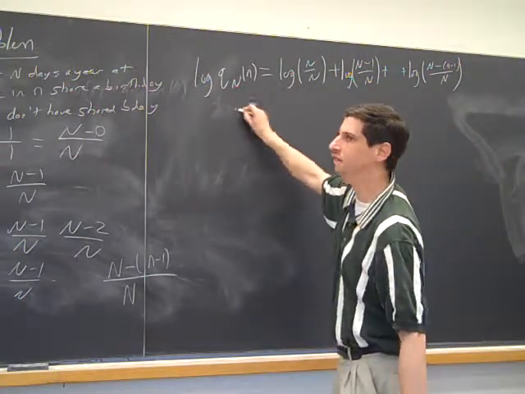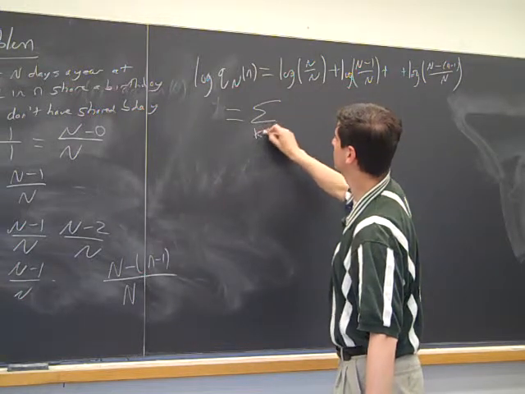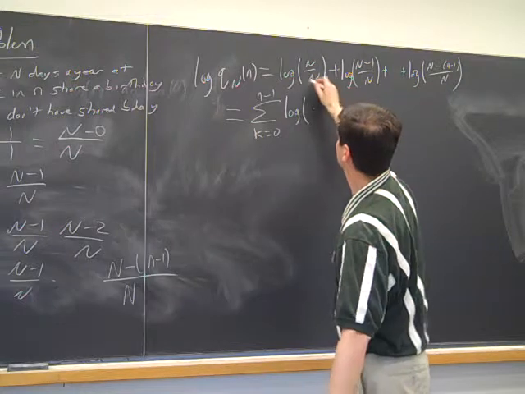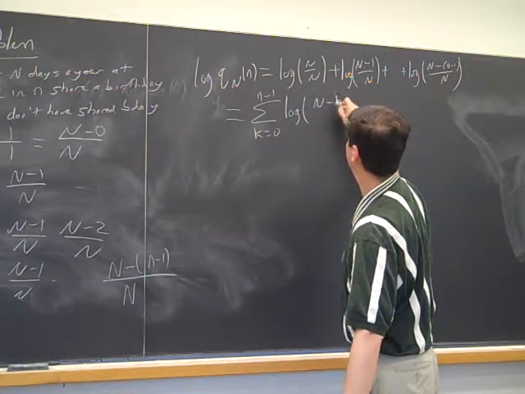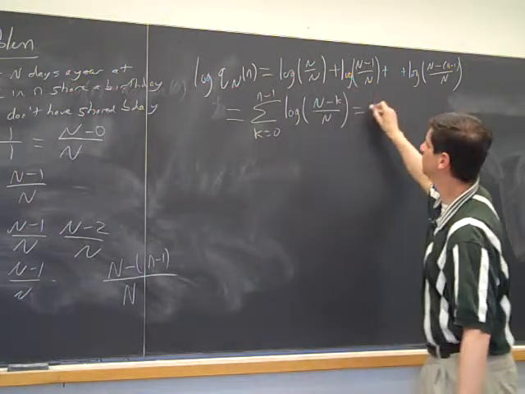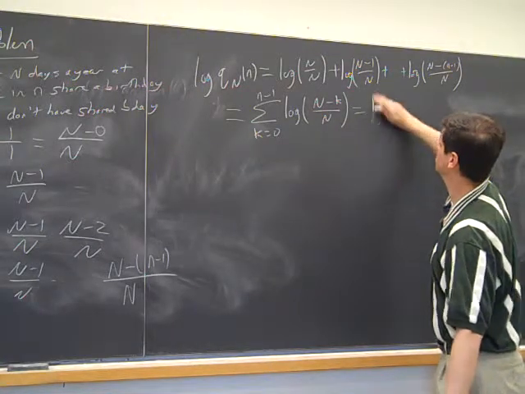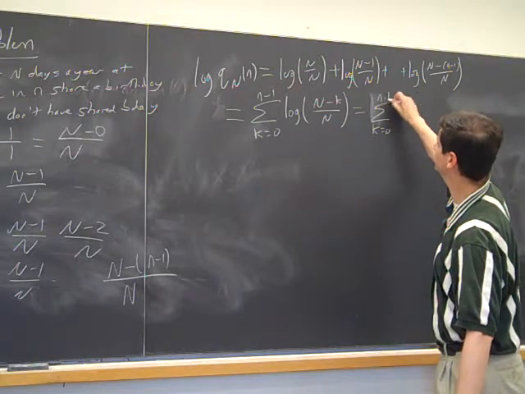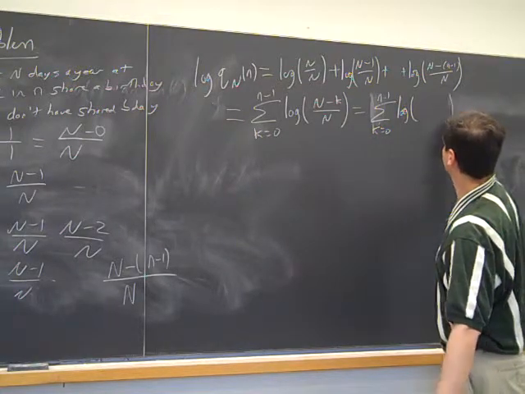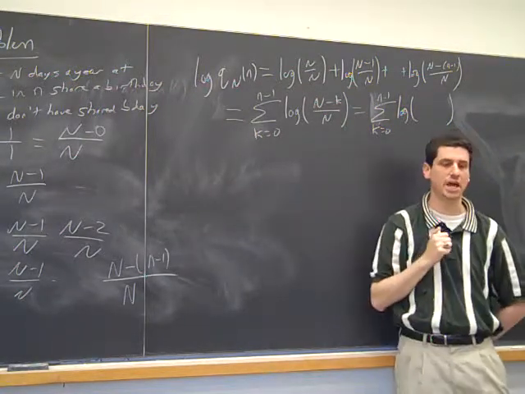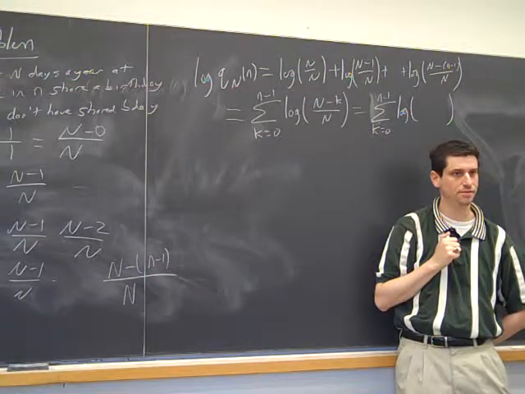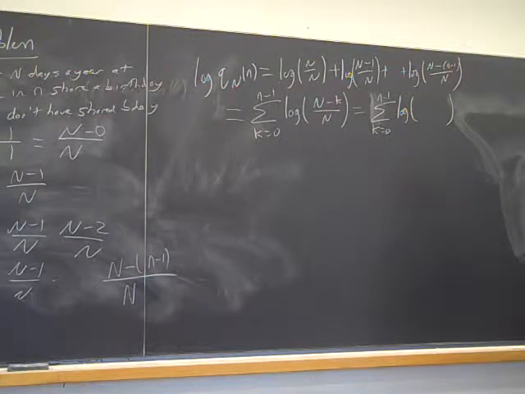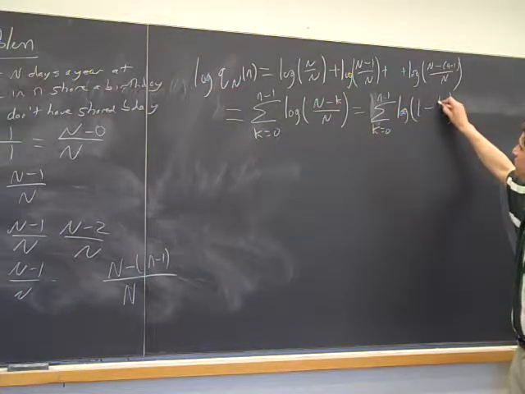I can write this as a sum, k goes from 0 to n minus 1, of the log of n minus k over n. Or there's a better way of writing this. How might you write this number, n minus k over n? 1 minus k over n. Excellent.